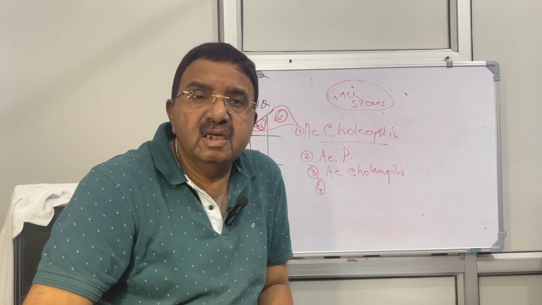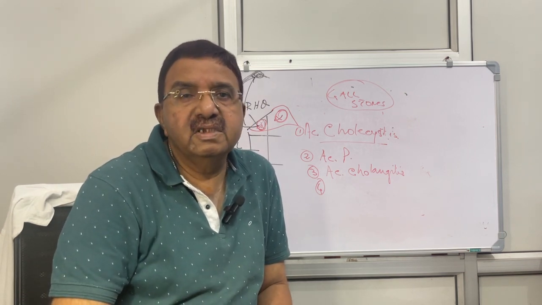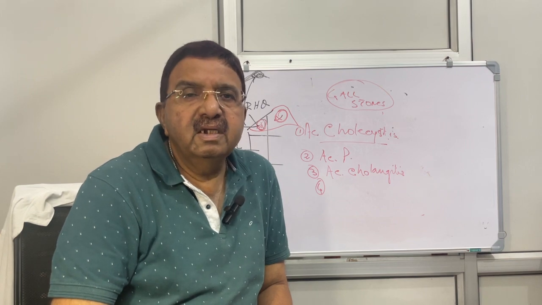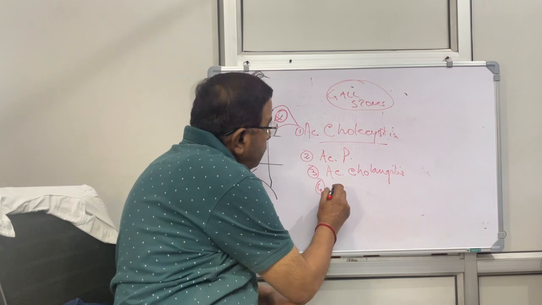And number 4 is malignancy in some of the patients. If the patient doesn't go in for cholecystectomy, then in some number of patients it may lead to malignancy.